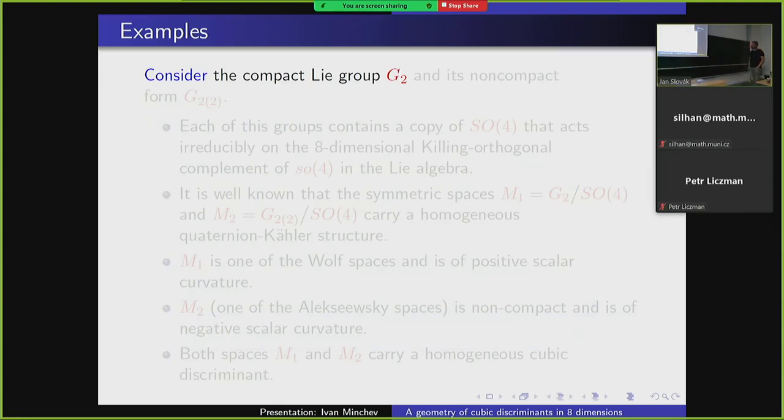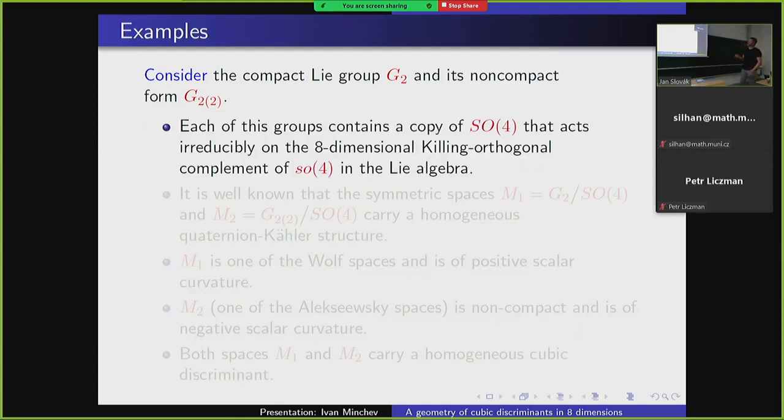But there are a few interesting examples, interesting for many reasons which I would like to explain, and they are based on the Lie group G2. There are two real Lie groups of type G2: the compact one and the non-compact one, which I denote by G2(2), the second 2 being the signature of the Killing form.